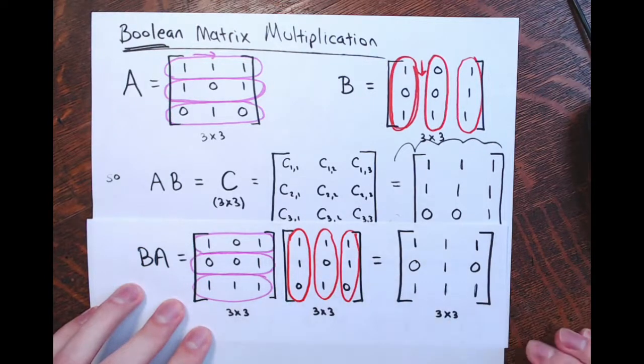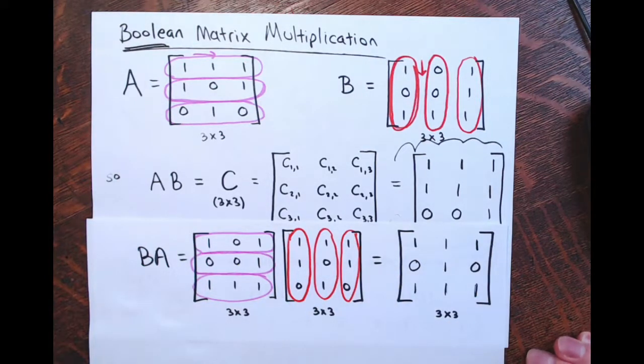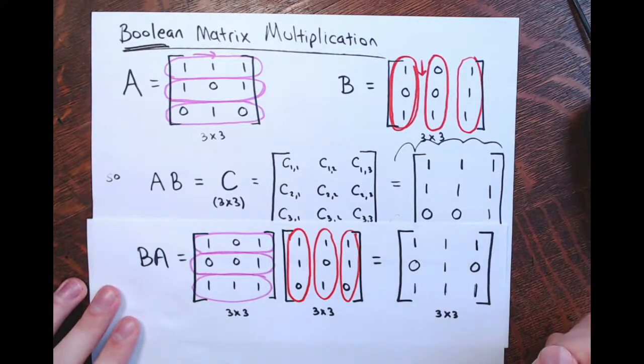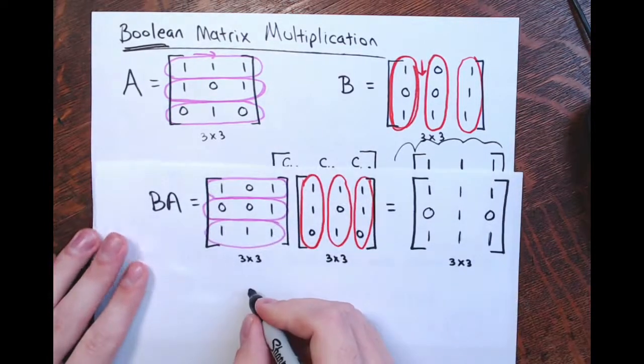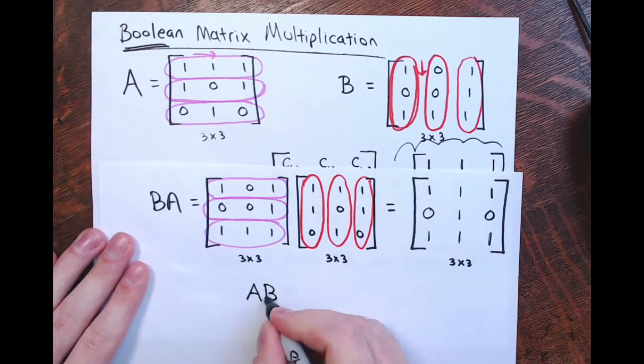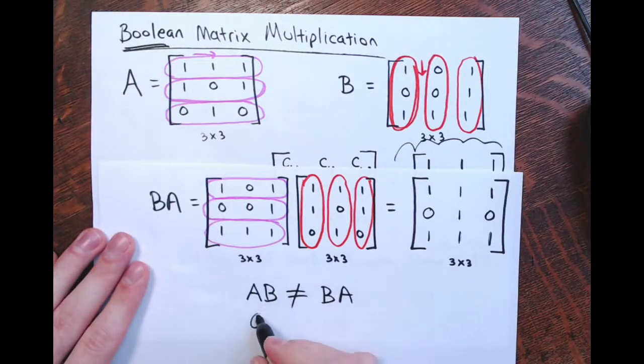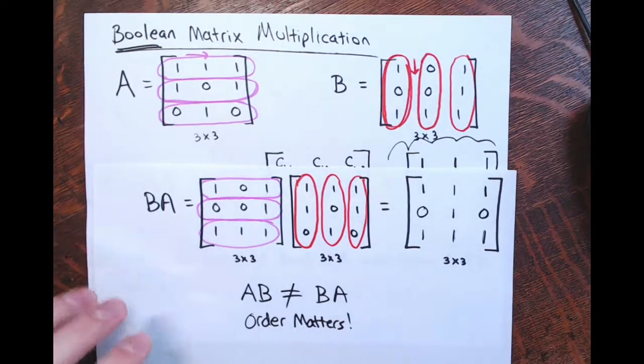Again, if there's a 1 times 1 anywhere in that sum, you're going to have a sum of 1 in Boolean. But again, notice these are not the same matrix. So you see that, generally A times B is not necessarily going to be equal to B times A. So order matters. Again, order matters when you're multiplying matrices.